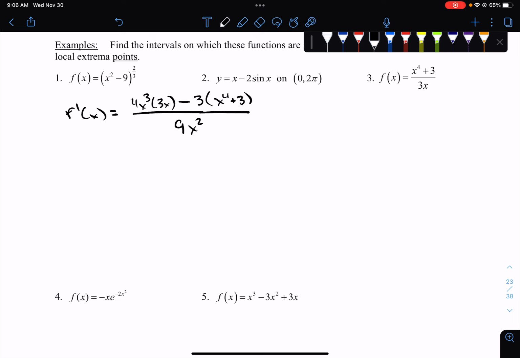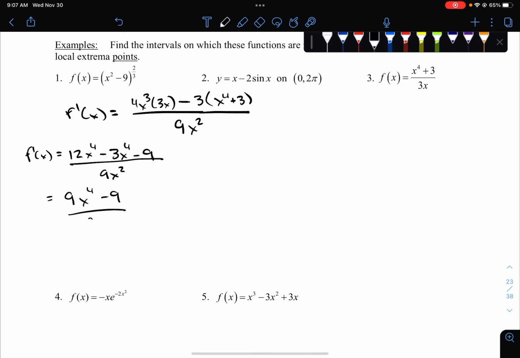Yeah. So cleaning this up a little bit, f prime of x is equal to 12x to the 4th minus 3x to the 4th minus 9, all divided by 9x squared, which simplifies to be 9x to the 4th minus 9 over 9x squared.